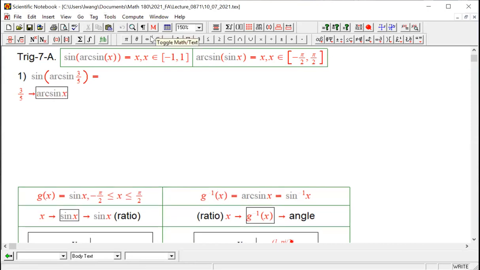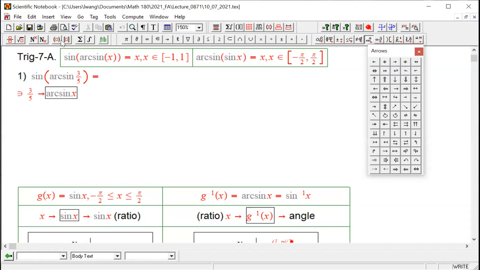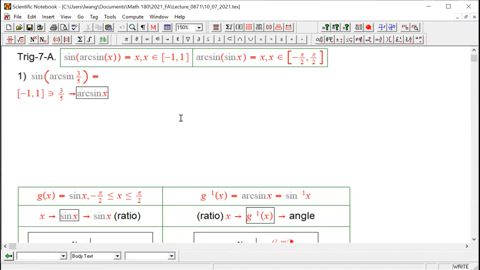We know that ArcSine has a domain from -1 to +1. So this piece must be from the domain. What will be the domain? -1 to +1. That condition has to be satisfied, which it is. And then the output is actually ArcSine of 3/5.